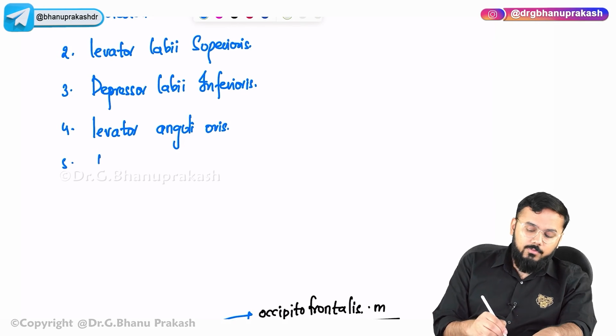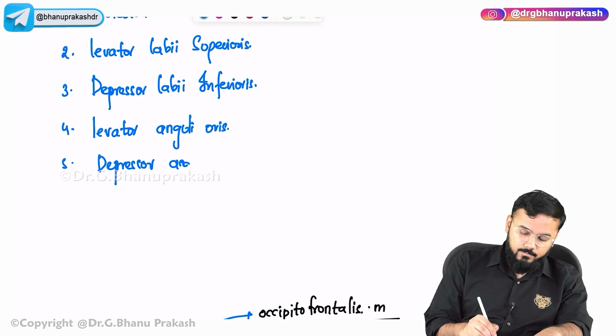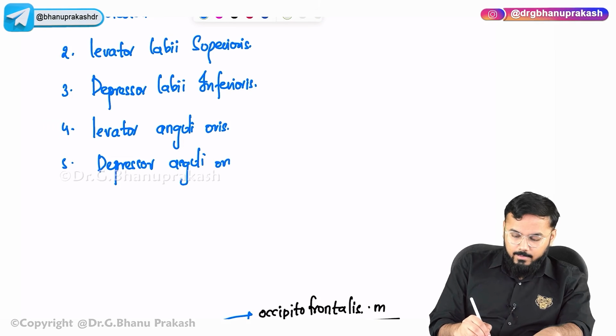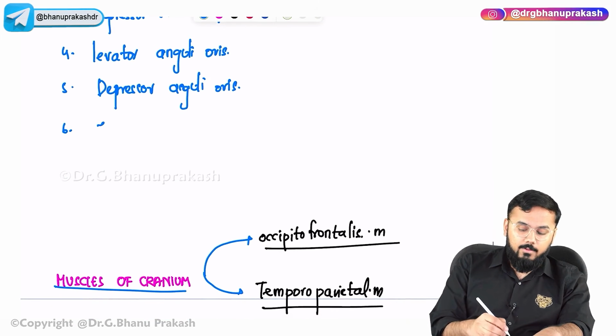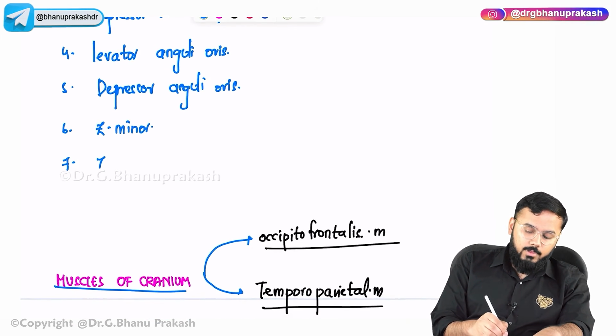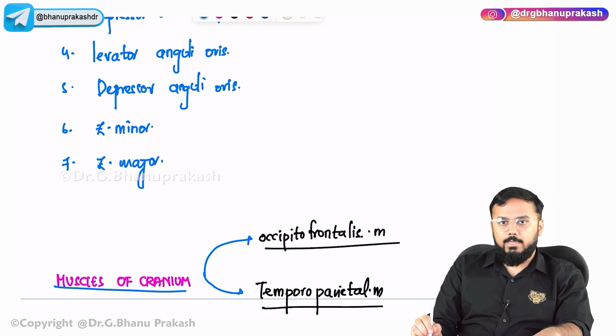And down, we have depressor anguli oris. And the sixth important thing, we have zygomaticus minor, and zygomaticus major.